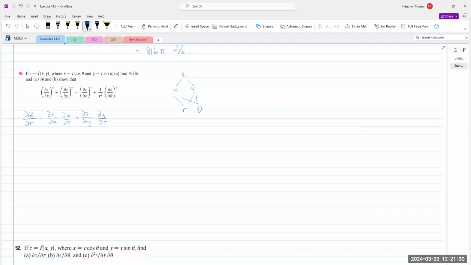Unfortunately, we don't know what f is, so the best we can say is this is z sub x times ∂x/∂r, which is cosine θ, plus z sub y sine θ. ∂z/∂θ will be z sub x times negative r sine θ plus z sub y times r cosine θ.